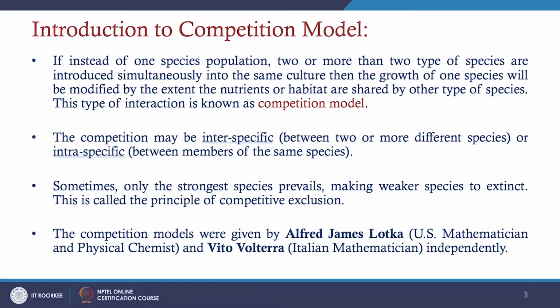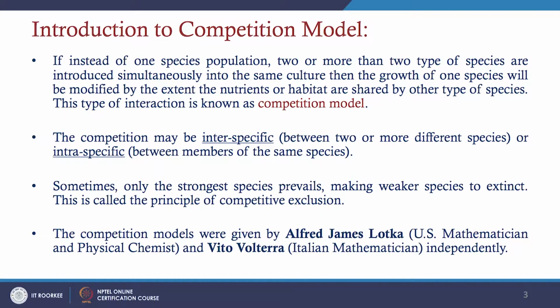This type of interaction is known as a competition model. The competition may be interspecific, between two or more different species, or intraspecific, meaning inside that population they can struggle with each other to get the food. So, between members of the same species especially, it can be said to be.